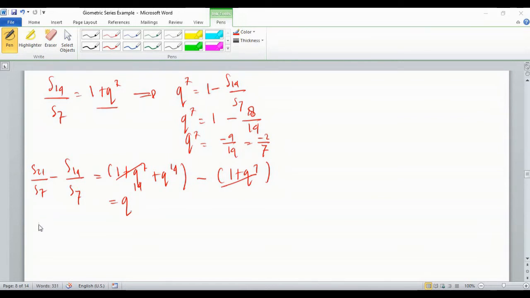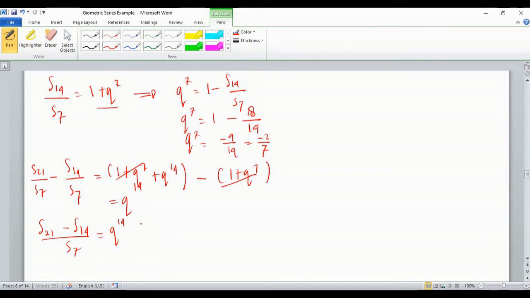Okay, now we continue to the question: S21 minus S14 over S7 is equal to r^14, right?